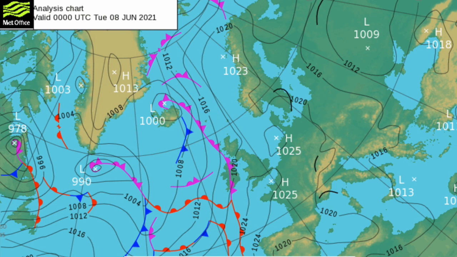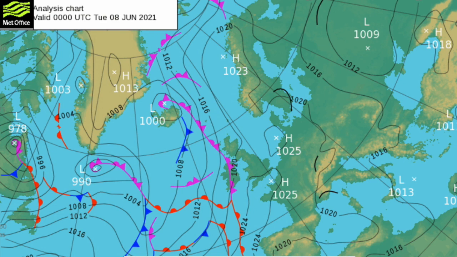So the wind will be going around the highs to the right, and around the lows it will be going to the left, so clockwise around the highs and anti-clockwise or counterclockwise around the lows. We have a low over Iceland and just to the south of Greenland. In the southern hemisphere, this will be the opposite direction.